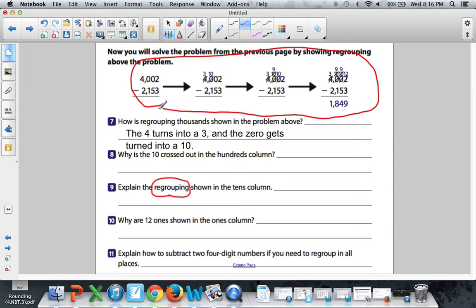And what happened there? Well, we borrowed, we regrouped, and borrowed over and over again until the numbers on top, 3, 9, 9, and 12, were bigger than the numbers on bottom, 2, 1, 5, and 3. And then, finally, we subtracted.